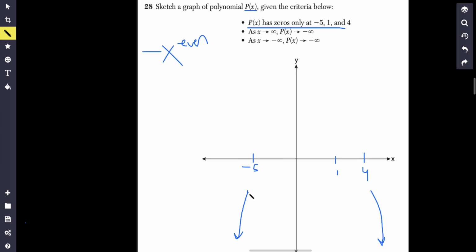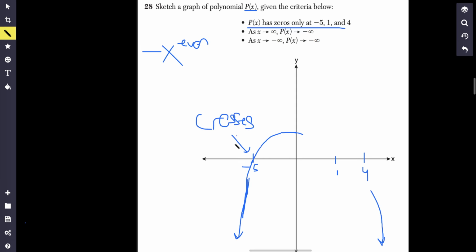Now there's sort of two ways to do this. One way is, well, this isn't going to be perfect because I'm doing this on Sketchpad, but there's already kind of a graphing error, so ignore that. Basically one way is you can go up, right? First of all, it has odd behavior, meaning that it crosses the x-axis.